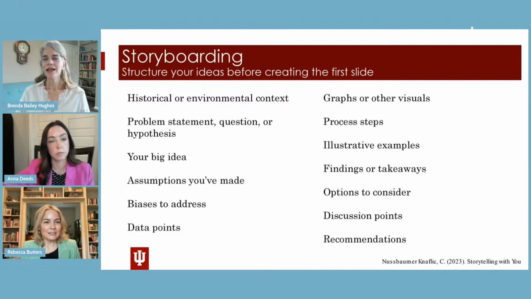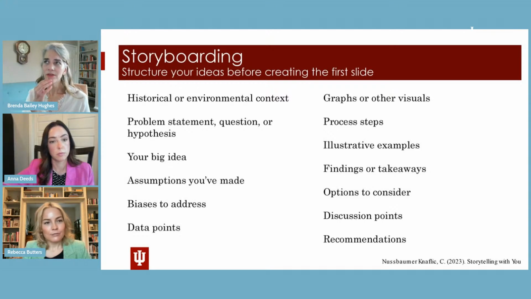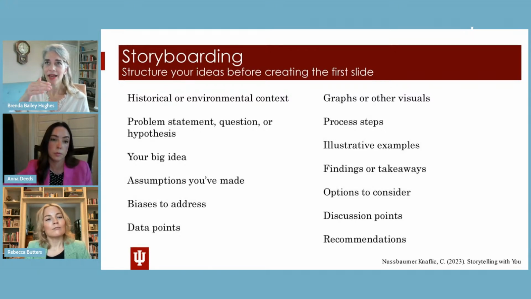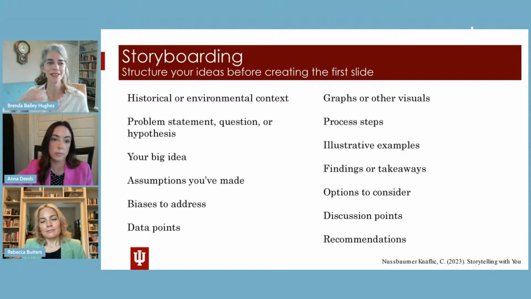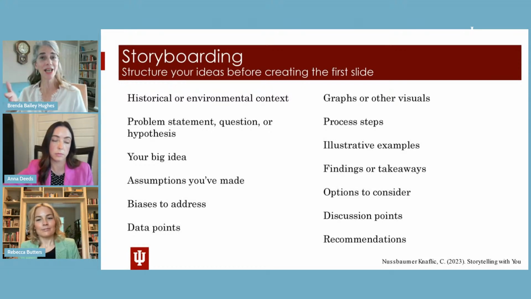Well, maybe this falls in a different category, but maybe it's an assumption or a bias that I have about reading data: I assume at a glance of a slide that positive is good, that above the line is always better than below the line, that an upward trend is always a good trend. But that's not always the case.